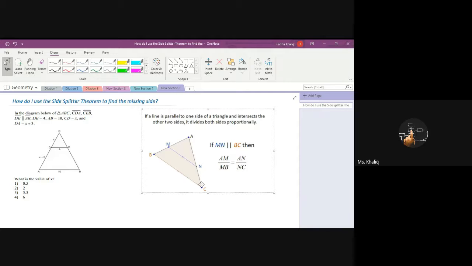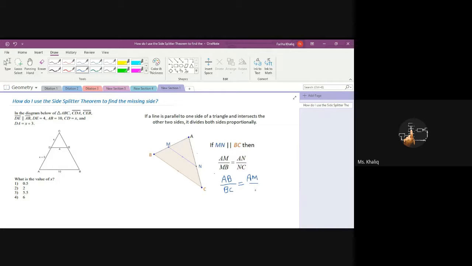All right. And let's bring in another relationship. This also means that AB over BC equals AM over MN, so we're taking the bigger triangle, AB over BC equals AM over MN, okay?